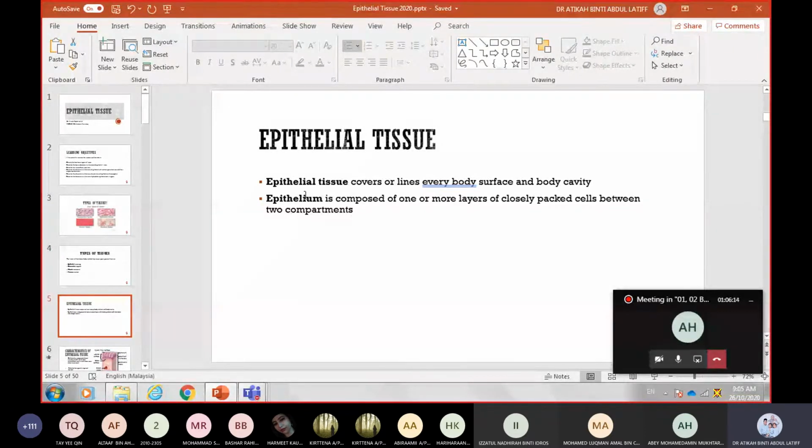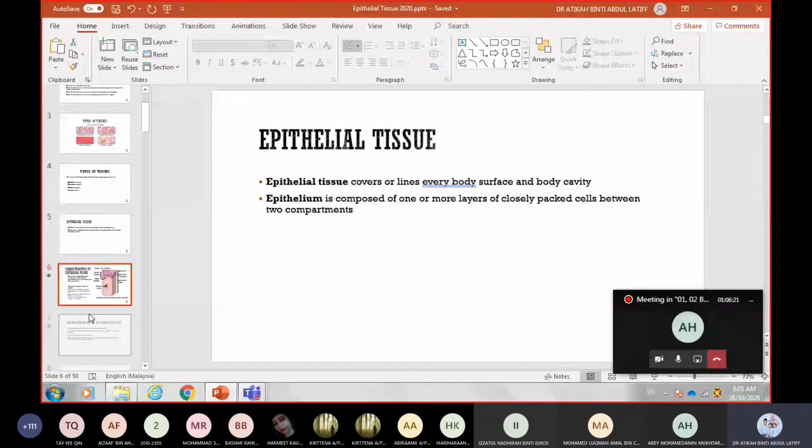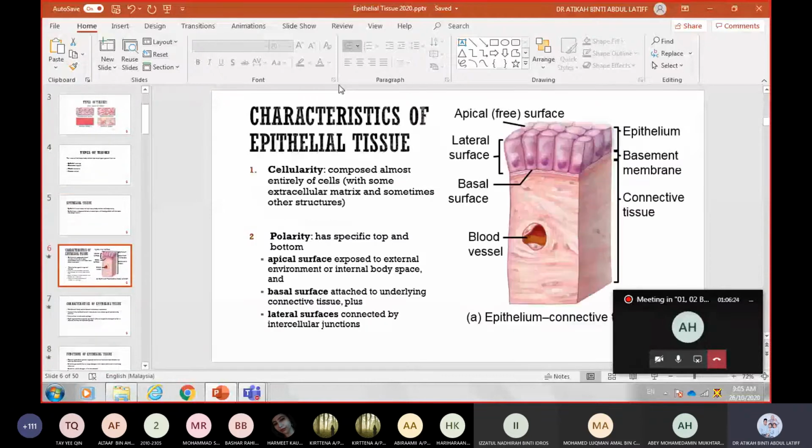Okay, so it is composed of either one or more layers of closely packed cells between two compartments.